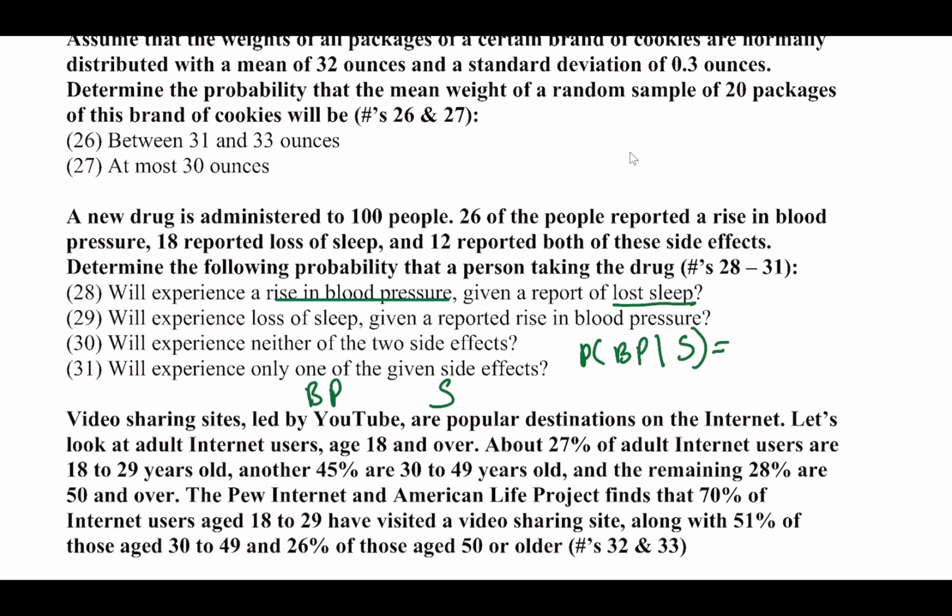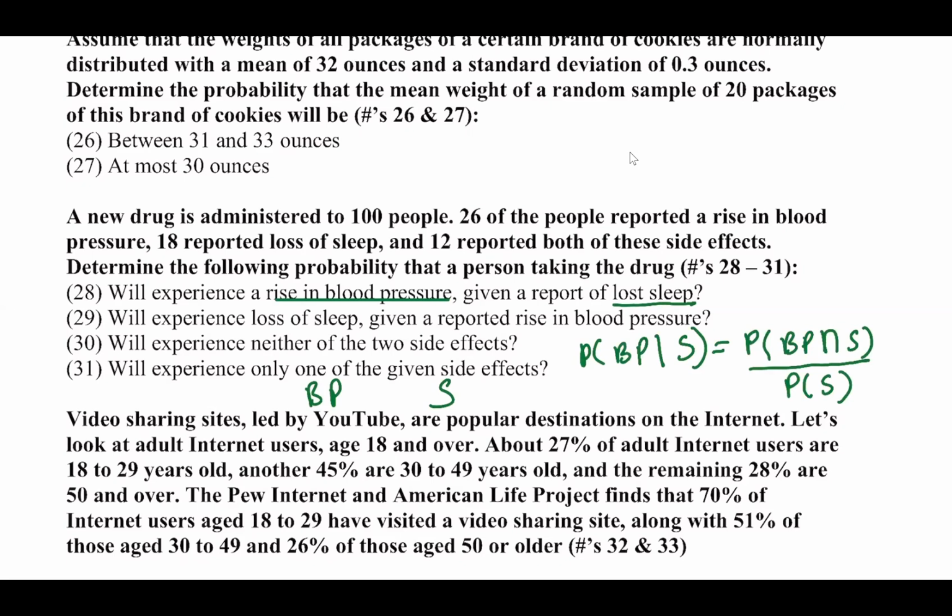If you remember, the formula for a conditional probability is the probability that both events occur at the same time, divided by the probability that the given will occur.